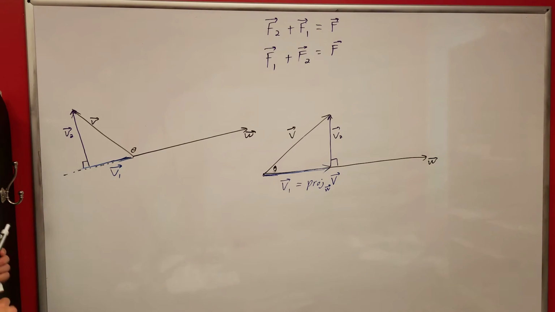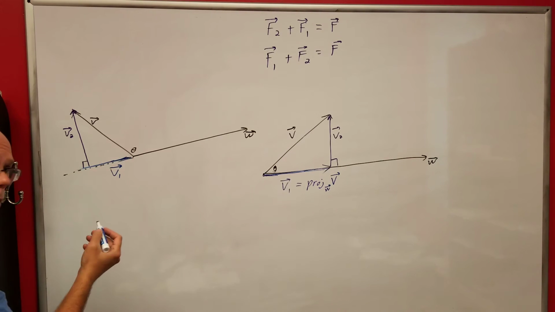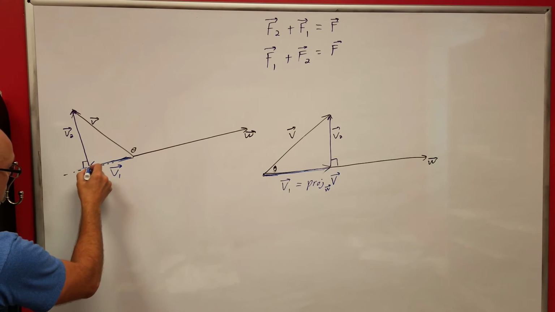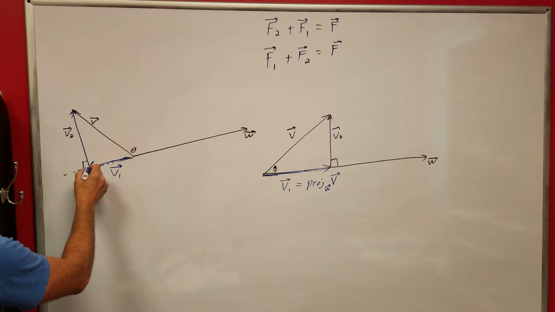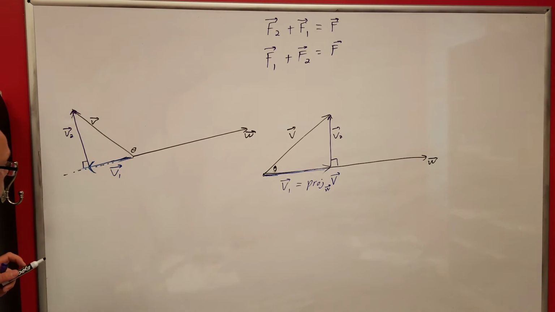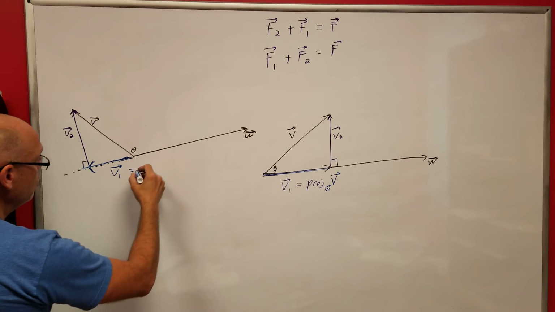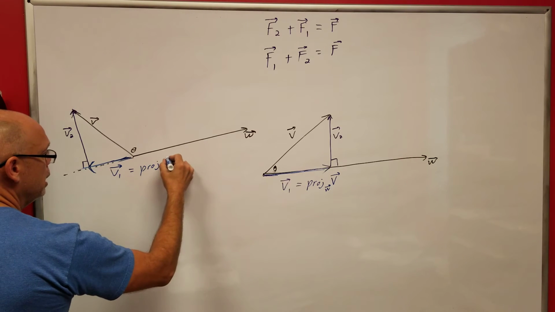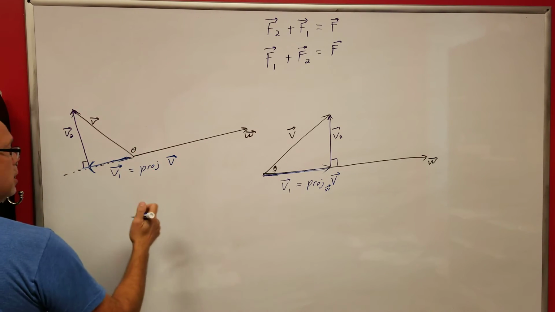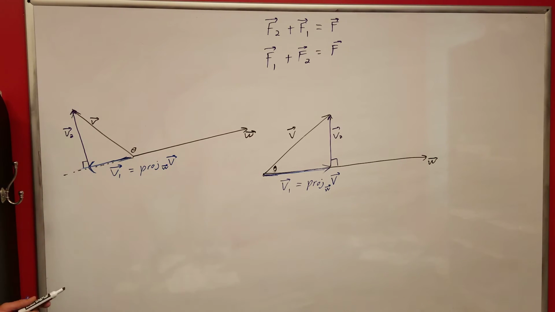With this v subscript 1, I need to complete it. I never put an arrow on it. I want that arrow for v subscript 1 to be at the tail of v subscript 2. And we said this fancy name, v1, is called the projection of v onto vector w here.